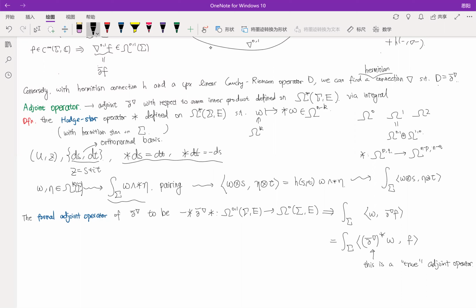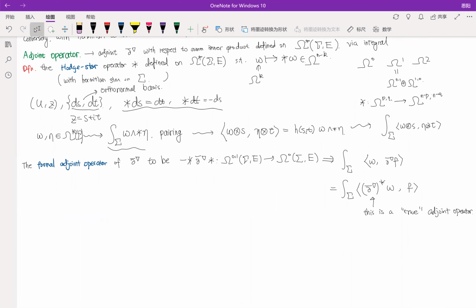And if we want to see what it will look like, we should pass to local coordinates. Again, we let uj be a local coordinate, zj equals s plus it, with ds, dt orthogonal, since they are related by the complex structure, so any Hermitian product will give this as an orthogonal basis.